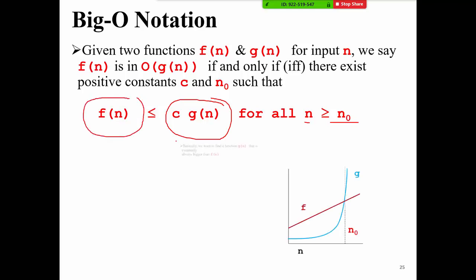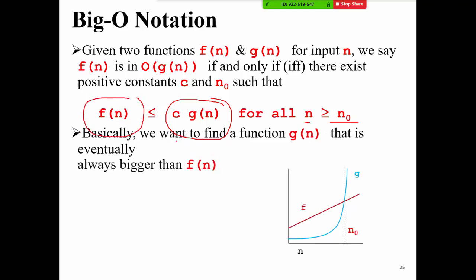In the graphical representation, this is f of n, the one in red, and the one in light blue is g of n. You can see that f of n is actually greater than g of n for all values less than n0.